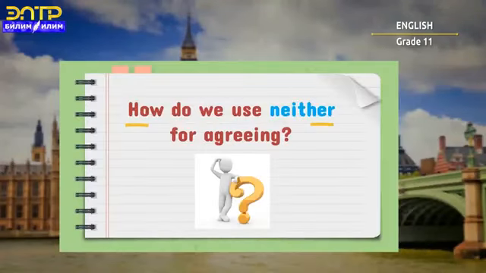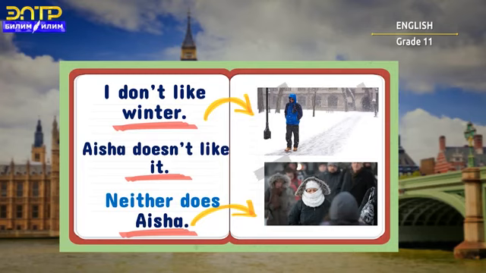But I have a question here. How do we use "neither" for agreeing? Do we use it with a positive sentence like "so" or with a negative sentence? Let's see together. I don't like winter, and we know that Aisha doesn't like winter too. Or we can say, "neither does Aisha."